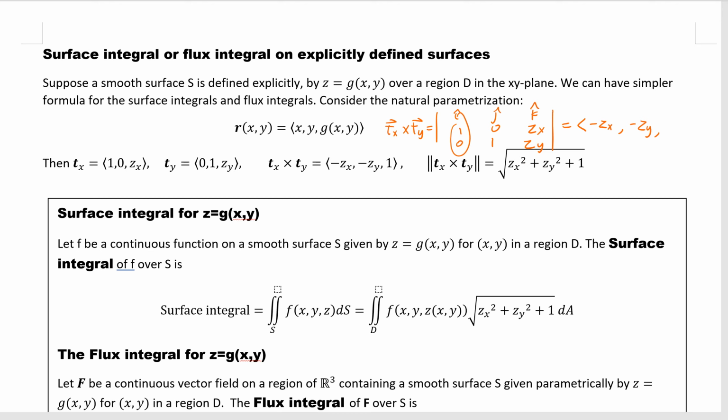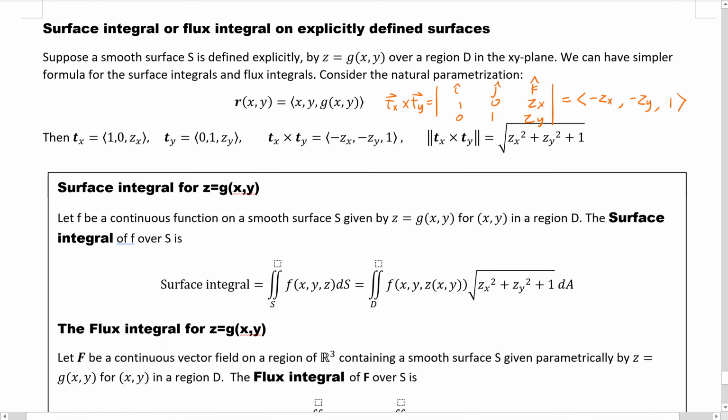Is that okay, everybody? For the k component, the determinant is 1. So this is the normal vector, and the magnitude of it is the square root of z_x squared plus z_y squared plus 1.